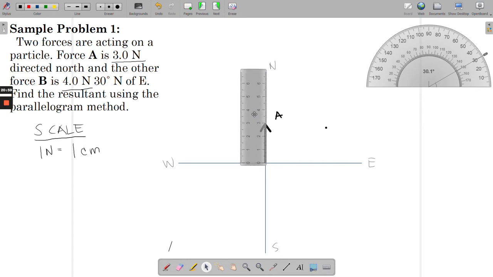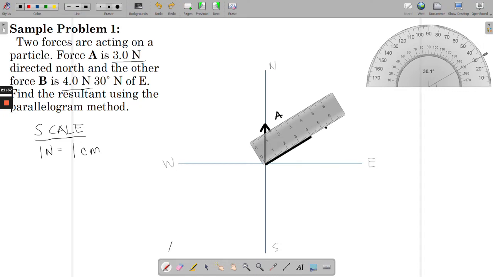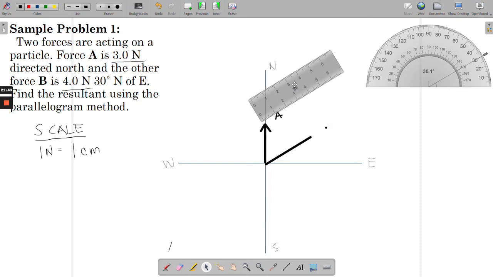Next, we have to tilt our ruler and create a line. We know that our vector is 4 newtons, and 1 newton equals 1 centimeter, meaning it's 4 centimeters. So our second vector is 4 centimeters.